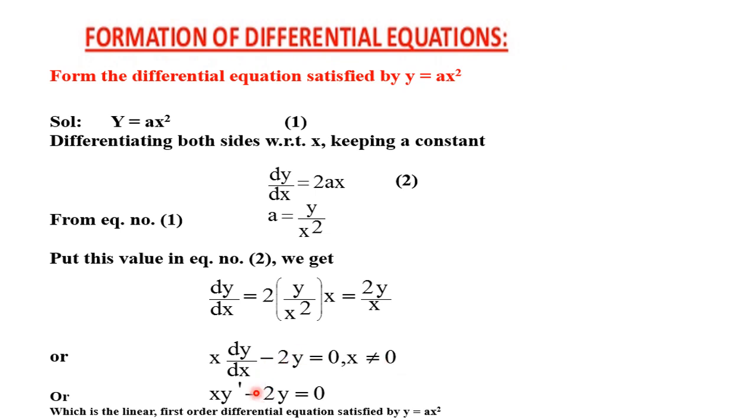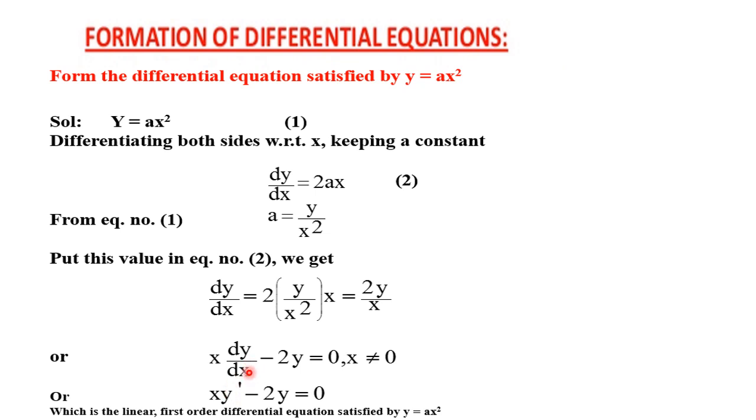Further, we can write this equation as x into y dash minus 2y is equal to 0. Don't get confused. y dash is nothing but the first order derivative. If we take y double dash, that means it is the second order derivative. If we take y triple dash, that means it is the third order derivative.